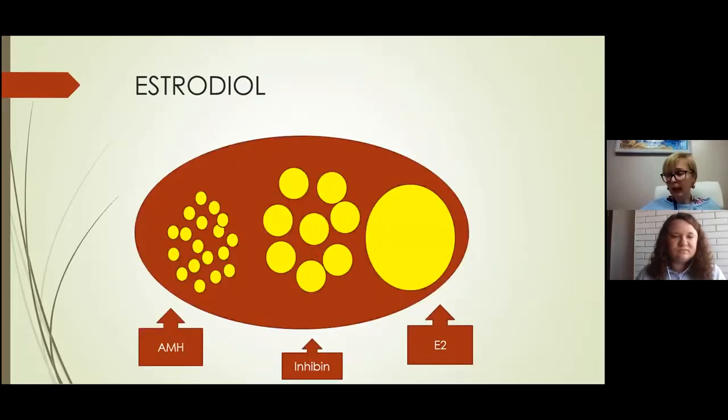The next marker of ovarian reserve is estradiol. Why is estradiol important? We can measure it at the beginning of the cycle, because if we have decreased ovarian reserve, follicles can start to grow in the previous cycle, before menstruation, and in this case we will have a higher estradiol level than in young women.